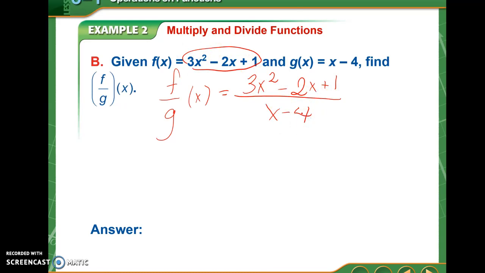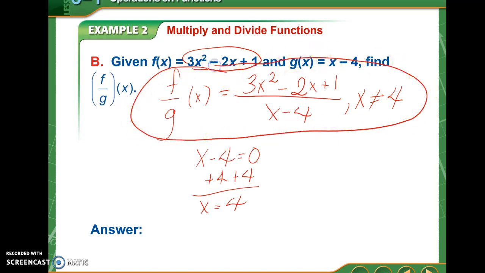So here we don't need to simplify that out, but we do remember we can't have 0 here, so we need to know where that x minus 4 equals 0. And you may just be able to see it. So x equals 4. So at 4, this would equal 0, and that would make this function undefined. So we want to make sure that they know x cannot equal 4, because we don't want the function to be undefined. So that is really the most that we're going to do with domain and range here.